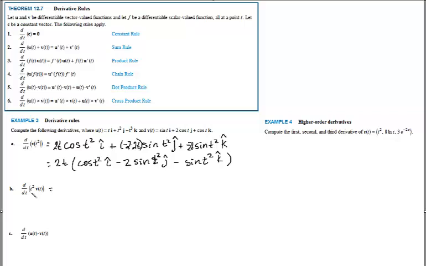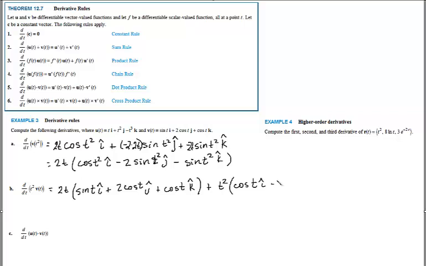Not too bad. This one's going to be a little messy. It's going to involve the product rule. So I can take the derivative of the first, we'll just say that's 2t, leave the next part alone, sine t i hat, plus 2 cosine t j hat plus cosine t k hat, plus t squared times the derivative of the second, and that's just going to be cosine t i hat.